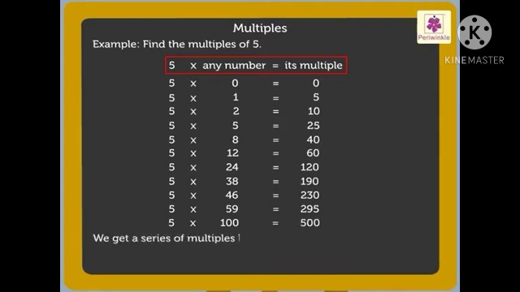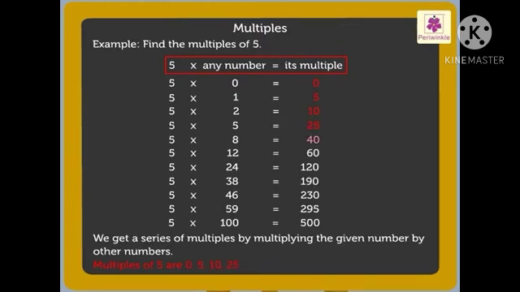We get a series of multiples by multiplying the given number by other numbers. 5, 10, 25, 40, 120, 230, 295, 500 are multiples of 5.